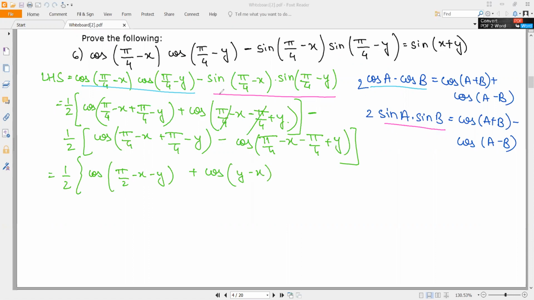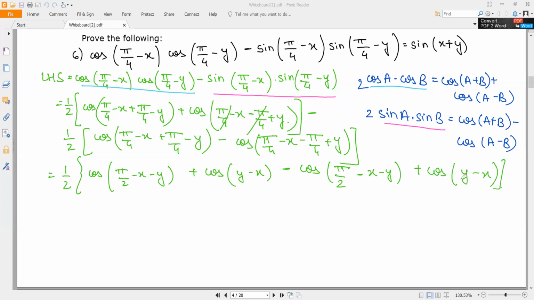You have to take A minus B. Okay. Minus cos pi by 2 minus x minus y, minus plus cos, these two get cancelled and you have y minus x.